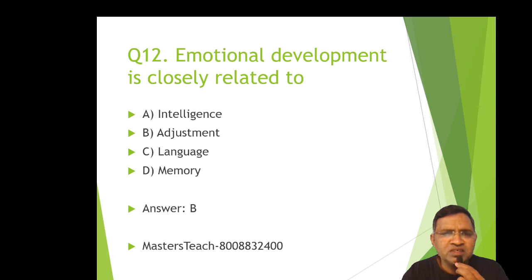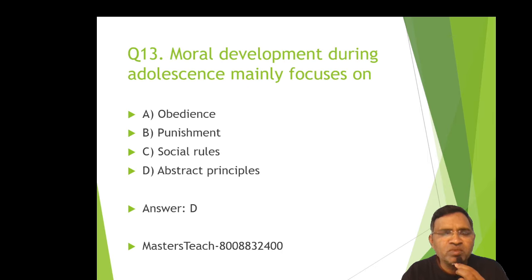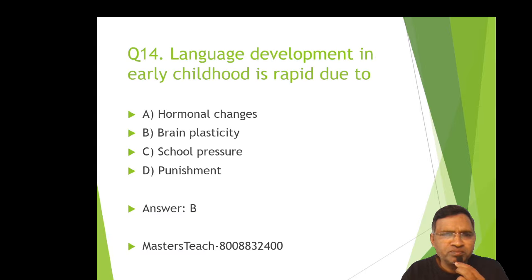The answer is emotional development is closely related to adjustment. So, moral development during adolescence mainly focuses on A, obedience, B, punishment, C, social rules, D, abstract principle. The answer is abstract principles.